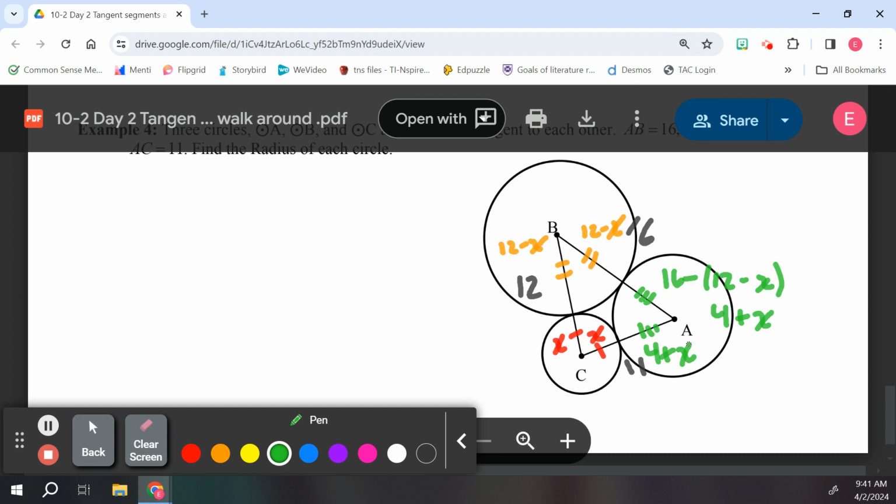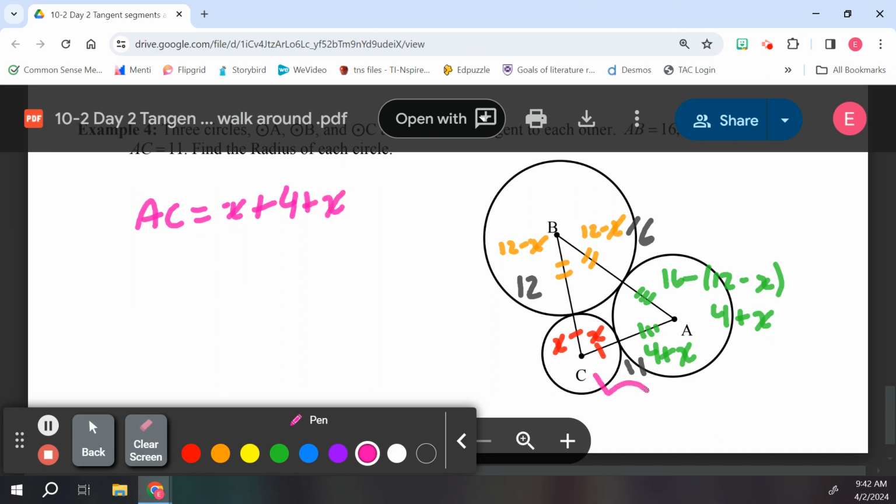Now, here's the thing you want to look at. We have to add this together to solve for x. So I'm going to just look at AC because this is kind of where I landed. AC here is going to equal x plus 4 plus x.